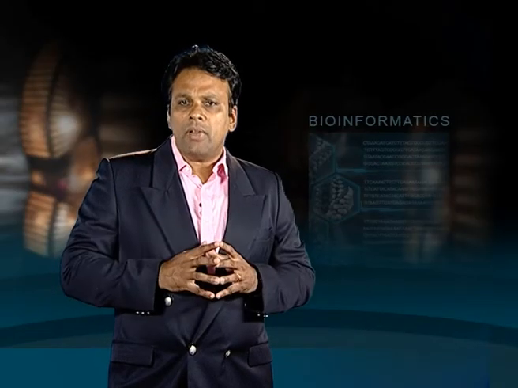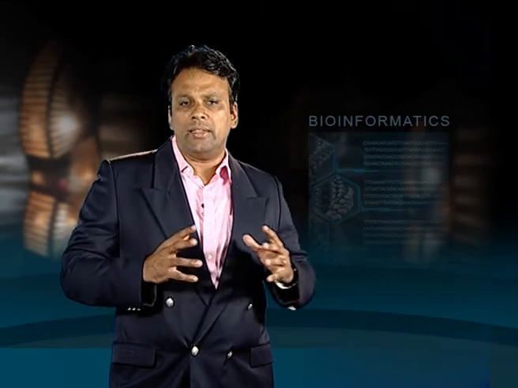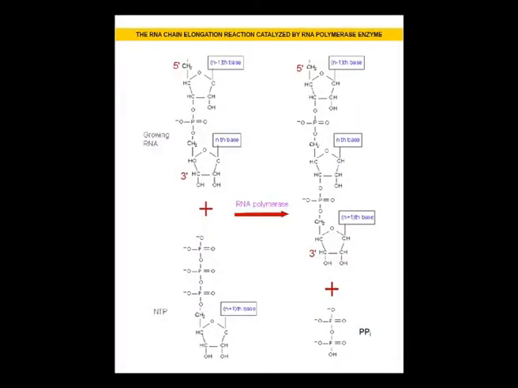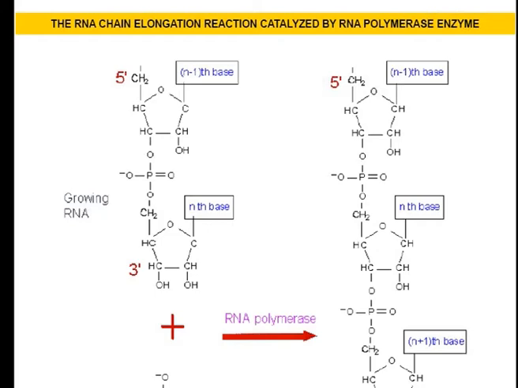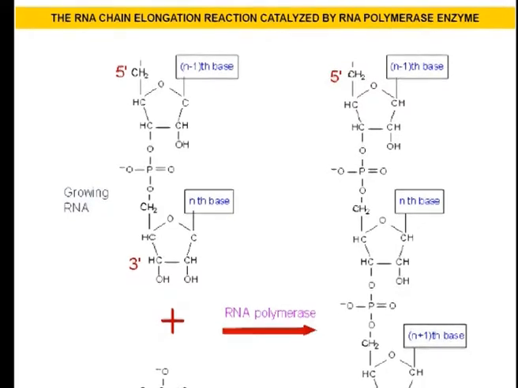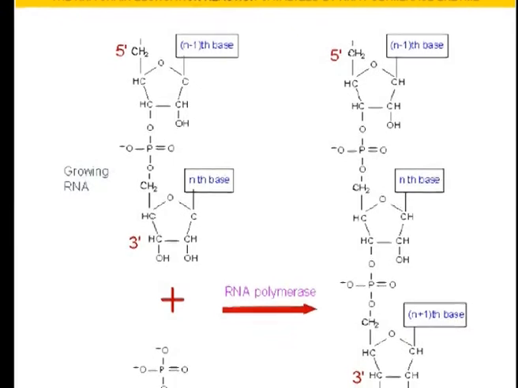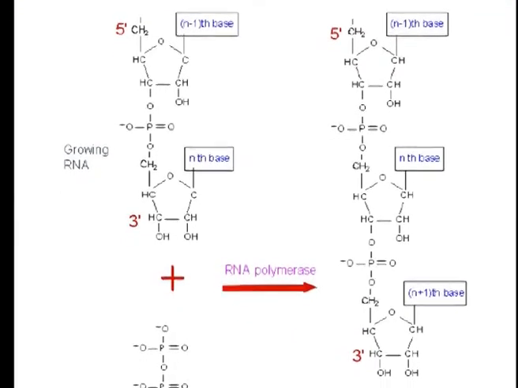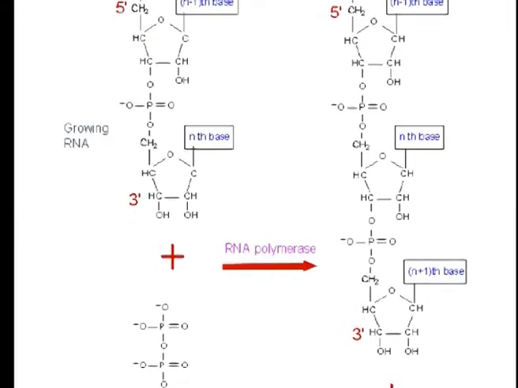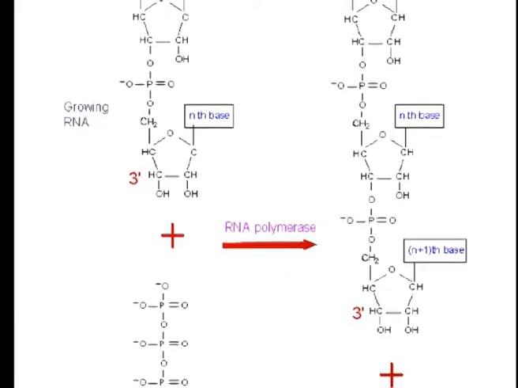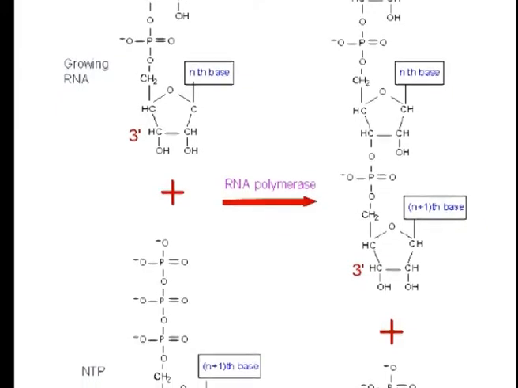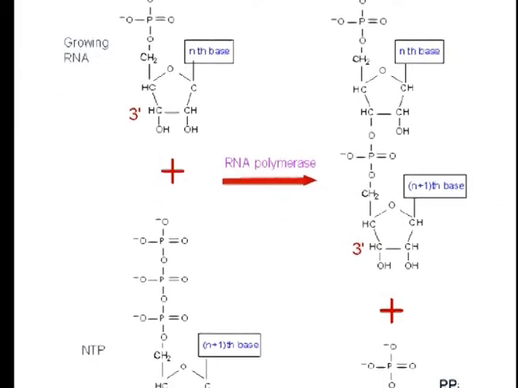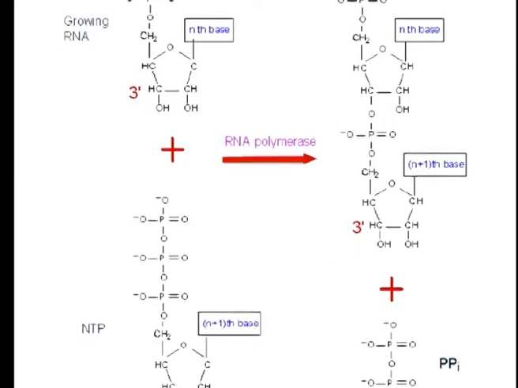The synthesis of RNA chains, like DNA chains, is in the 5 prime to 3 prime direction with the addition of ribonucleotides to the 3 prime OH group at the end of the chain. The reaction involves a nucleophilic attack by the 3 prime OH group on the alpha phosphorus atom of the ribonucleoside triphosphate precursor with the elimination of pyrophosphate, as in DNA synthesis.